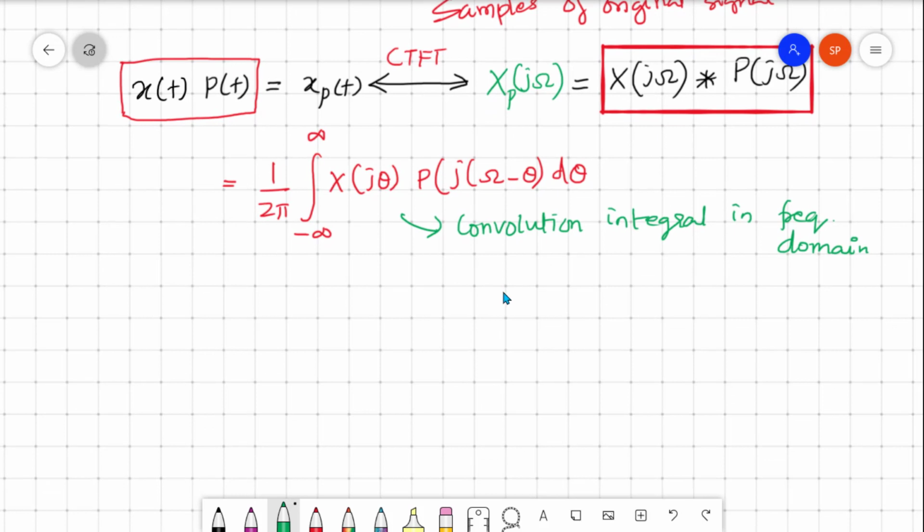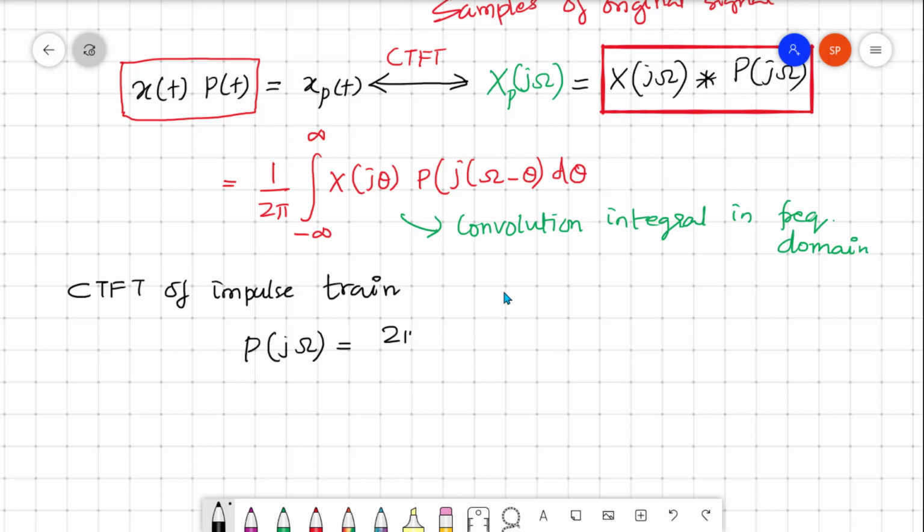We have already derived the CTFT of the impulse train in the previous video. From that we can substitute. What is the CTFT of the impulse train? P of j omega is equal to 2 pi by T into summation k varies from minus infinity to plus infinity delta of omega minus k into 2 pi by T. This is the equation which we derived in the previous video.